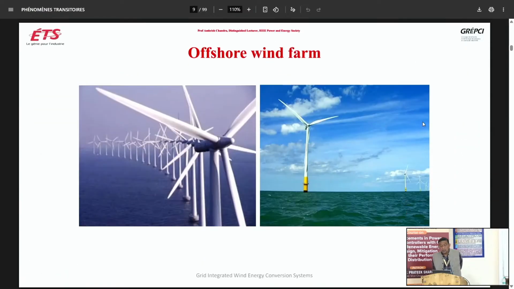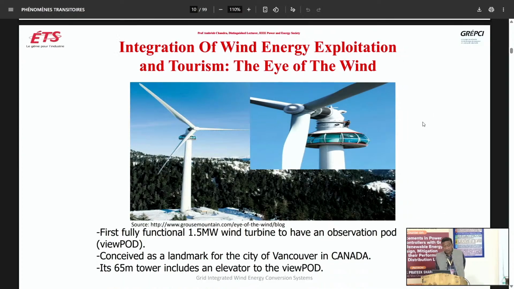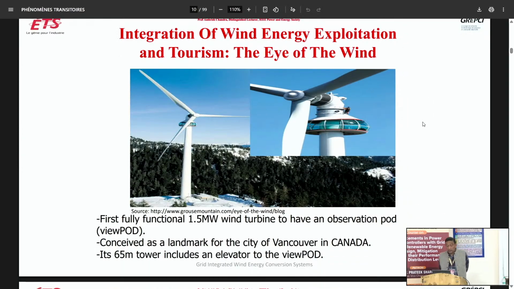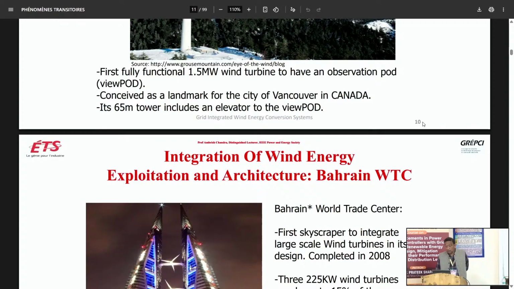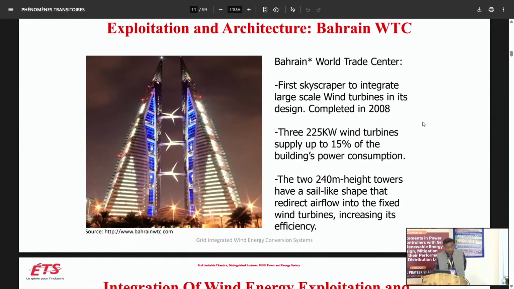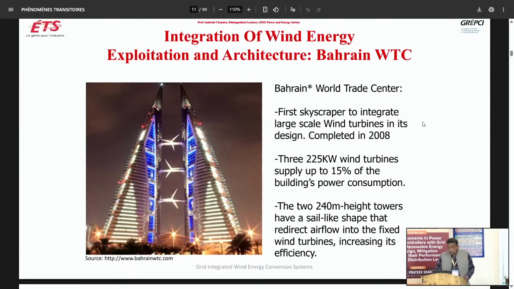And then tourism is also taking place with the wind farm, like in Vancouver, Canada, where we have this 1.5 megawatt wind turbine with an observation pod. Then in Bahrain, you have the World Trade Center, this tower with three wind turbines completed in 2008.